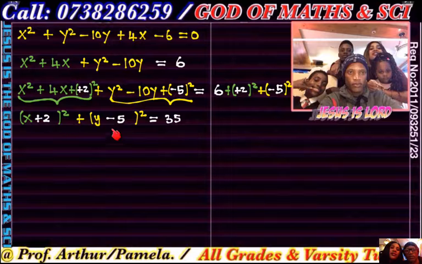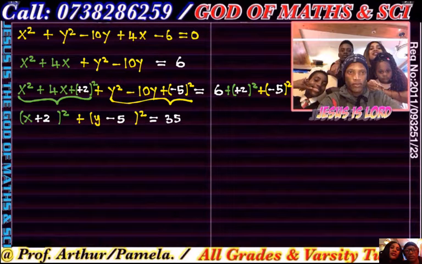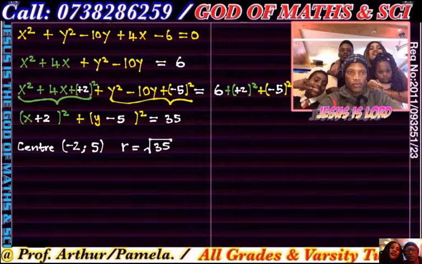Now you can see this has been transformed into this form, and I'm able to tell you the center of the circle. It's going to be negative 2, semicolon, 5, and the radius equals the square root of 35. You got it, right? Perfect.